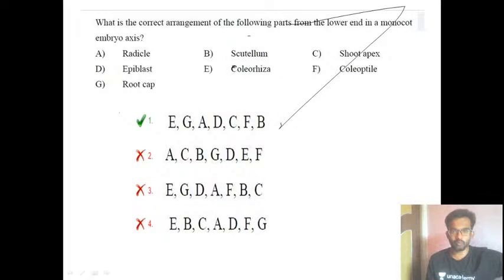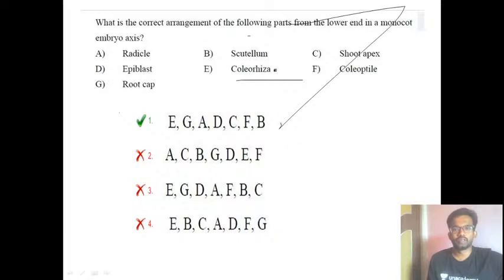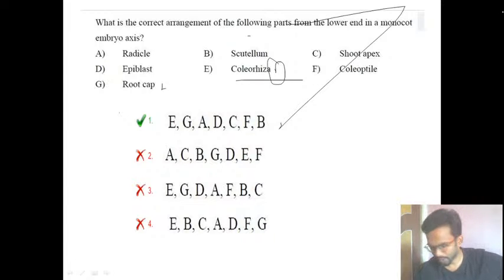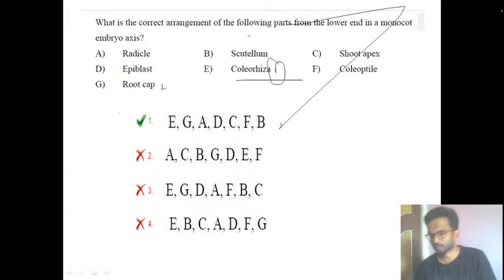First one is Clarizia, second one is root cap, third one, I'll take the pen, that is my pen. I have left my pen somewhere.